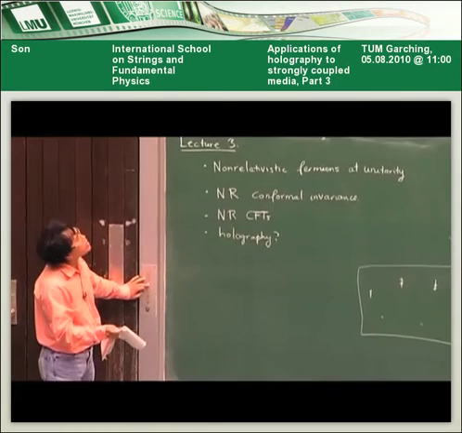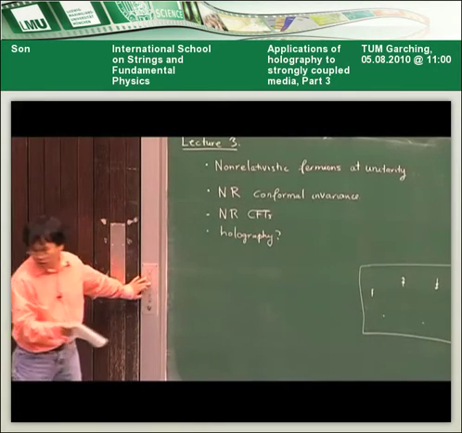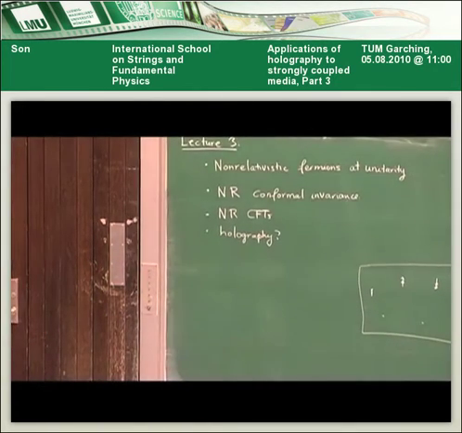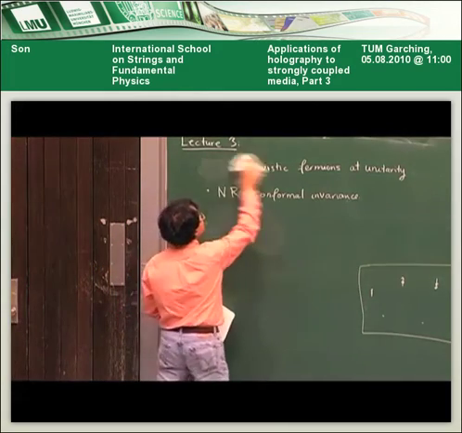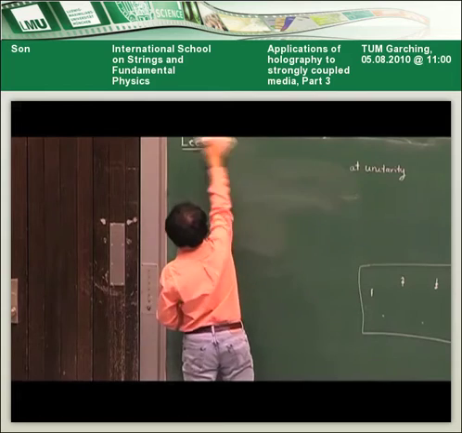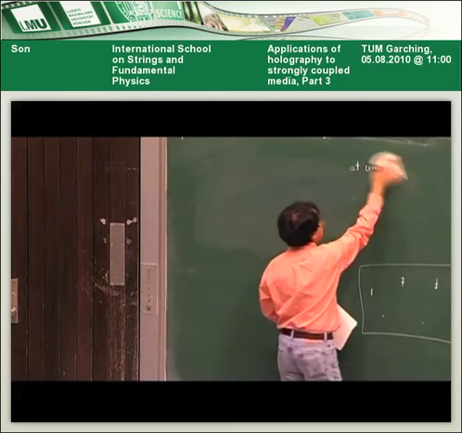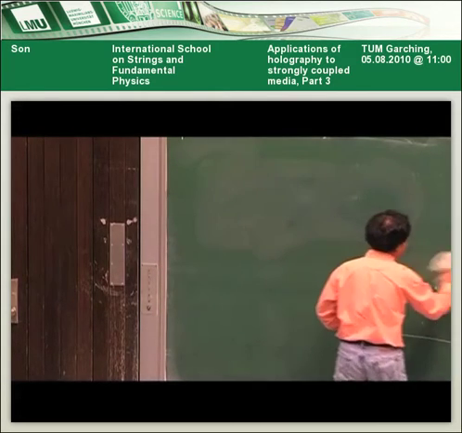For a non-relativistic theory, there is no Lorentz invariance, but we have Galilean invariance. So I'm going to talk about Galilean invariance first. Lorentz invariance is replaced by Galilean invariance.